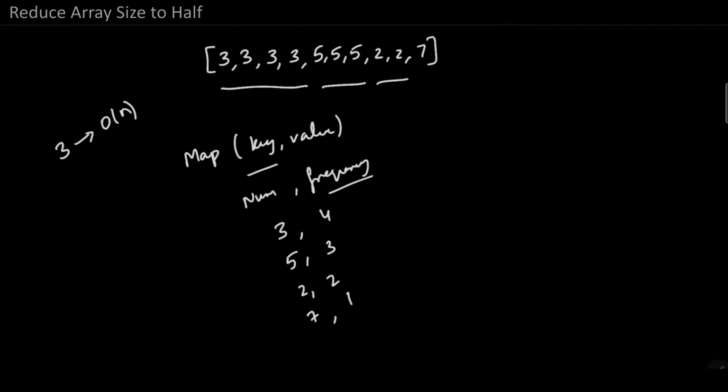And if you notice here, if we keep a count of these frequencies in sorted order, then we'll end up knowing how many minimum elements we need to remove to get this output.